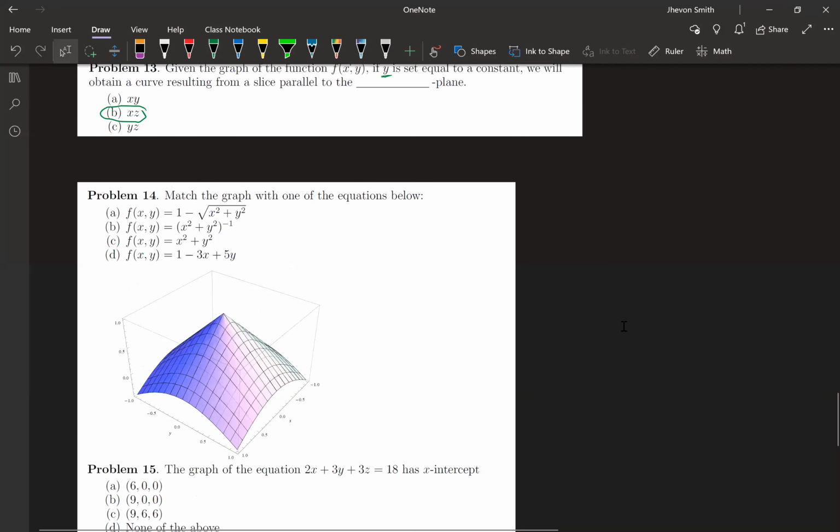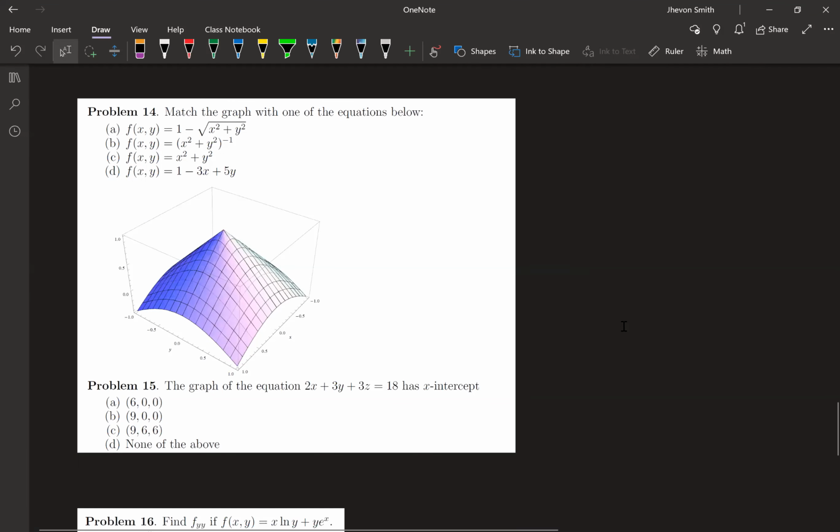Match the graph with one of the equations below. What is this guy? Or maybe let's practice our process of elimination here. Tell me what it's not. D, how do you know it's not D? What is D?